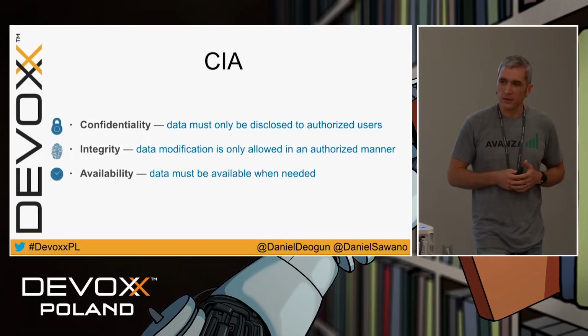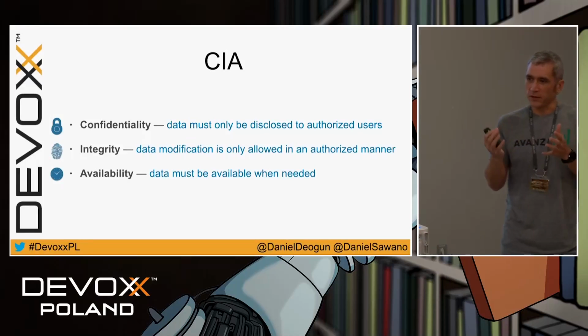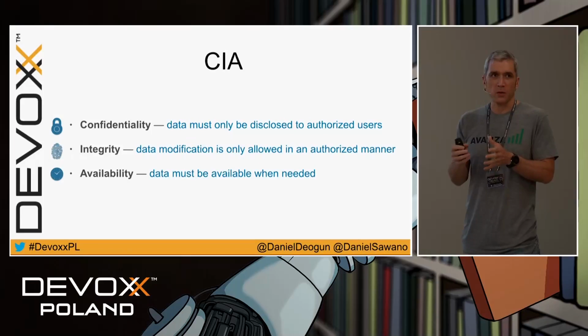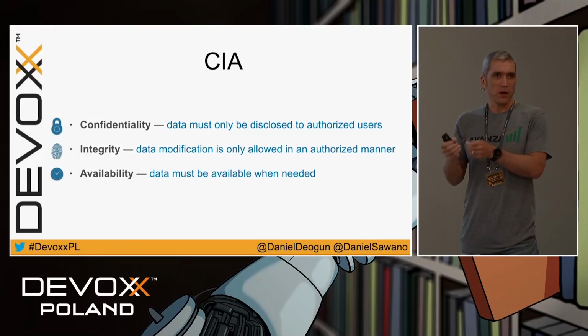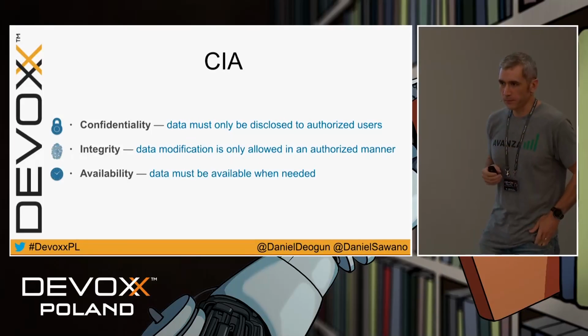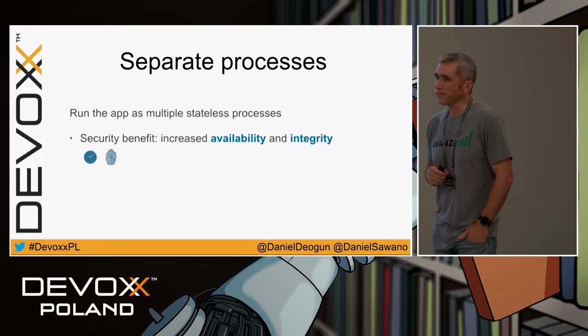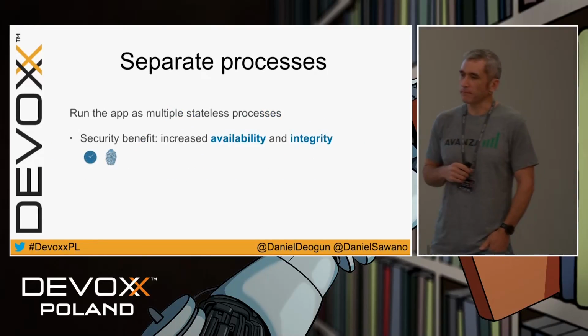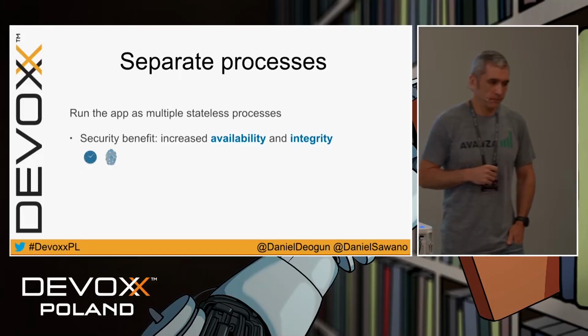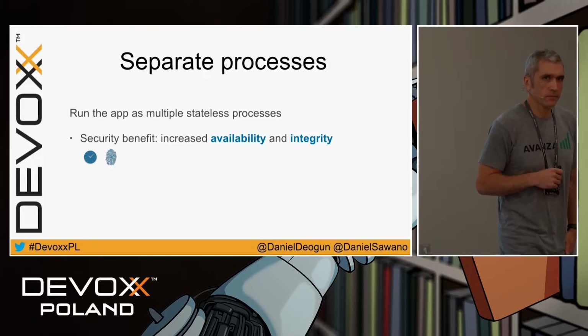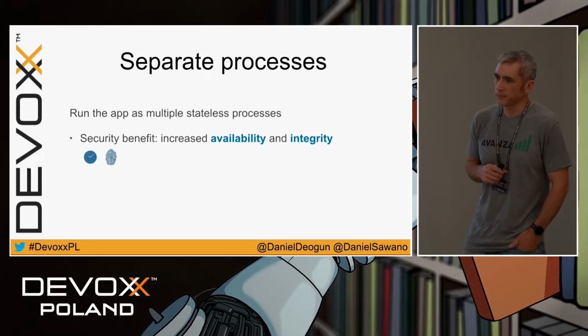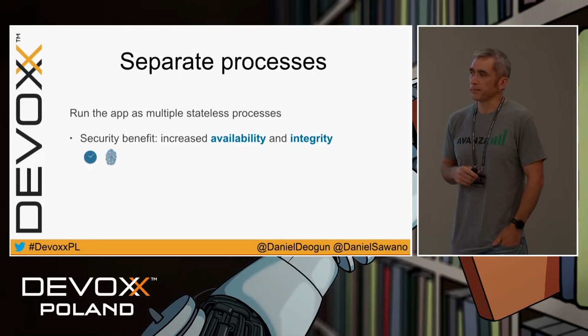Yeah. Okay, so the reason we're bringing this up is because CIA will help us discuss why something is problematic from a security point of view. Okay, so let's jump back to stateless processes. You said availability and integrity were the two concepts being promoted through this, right? By being stateless, we can scale very easily.